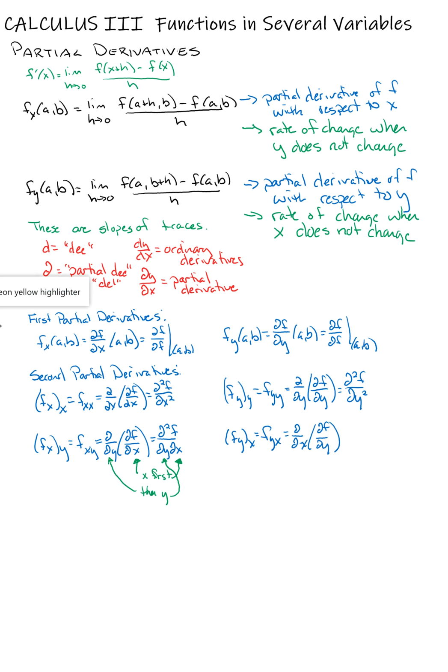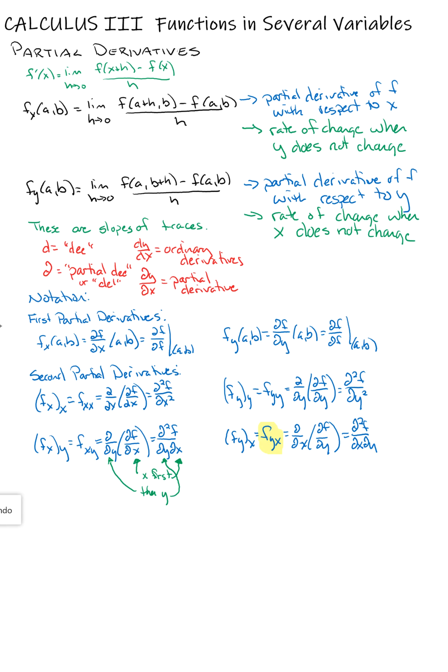Again, notice first is y, then x. I could also say this is the second derivative of f with respect to x after y. Now I understand things, again, this is in the reverse order, first y, then x. That does get a little confusing. So that's why I do realize that a lot of people like to use this notation, and that is fine. That makes it a lot clearer in many cases.